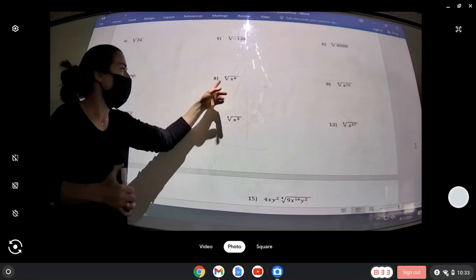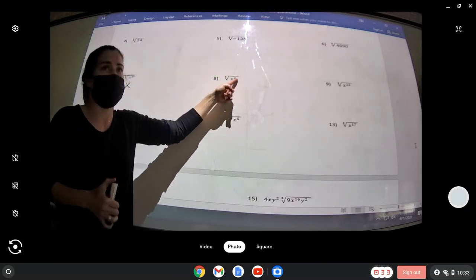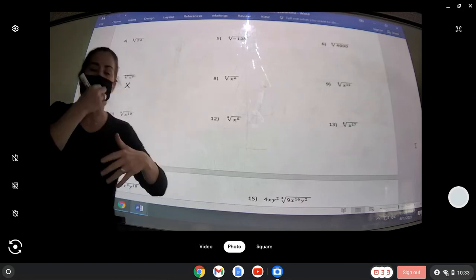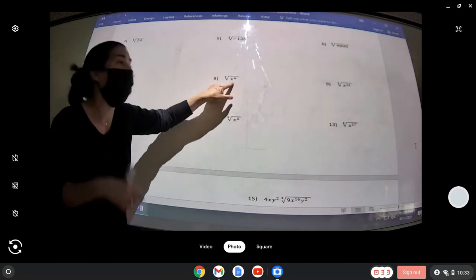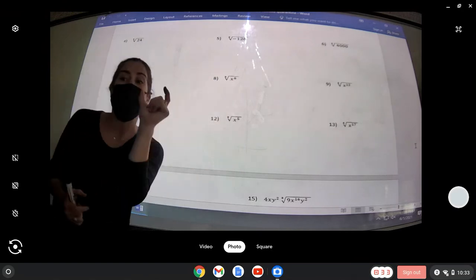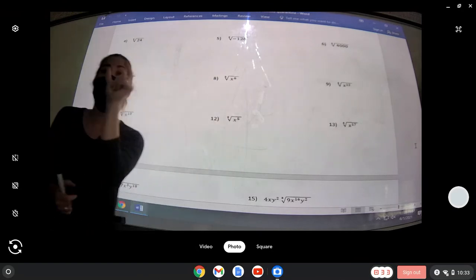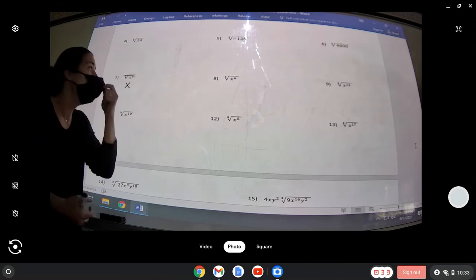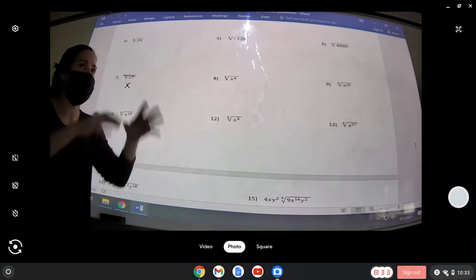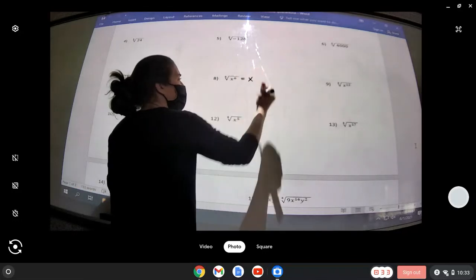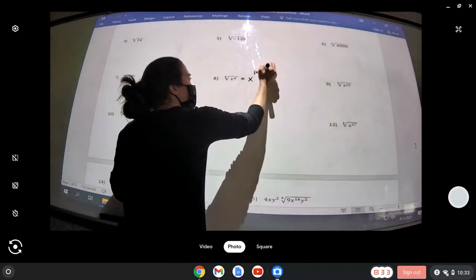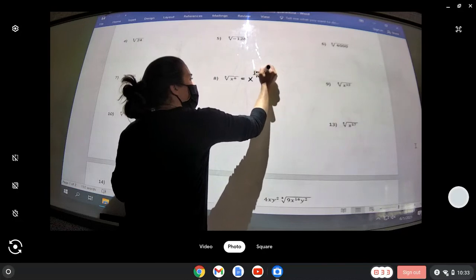So if I asked you, what's the third root of x to the 6th? Well, technically, the long way is you'd have to figure out how many groups of 3, x to the third, you can make from an x to the 6th. The quickest way to figure that out, instead of expanding it, is to say this will be equal to x to the power divided by the root.